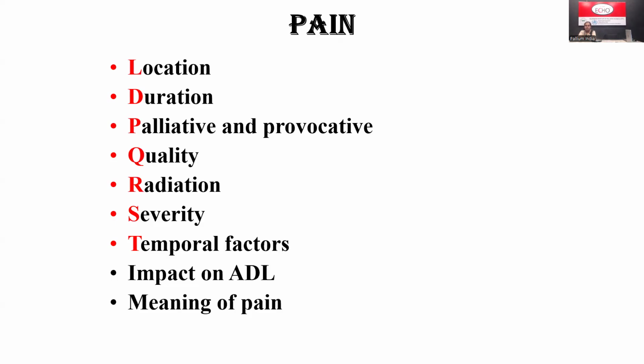Where is the location? When the pain has started, duration, and the palliative and provocating factors. Anything which is increasing the pain, any activities or any factors which increase the pain, or any palliative factors.